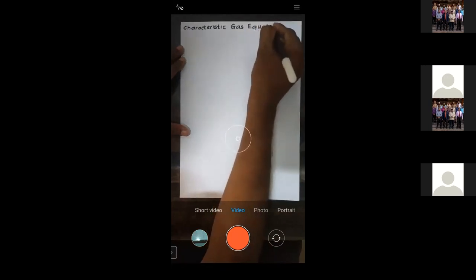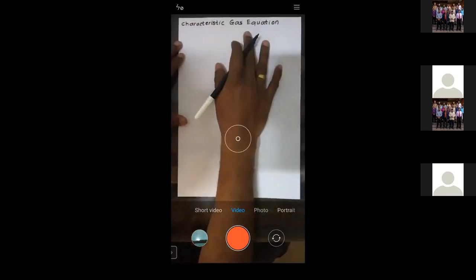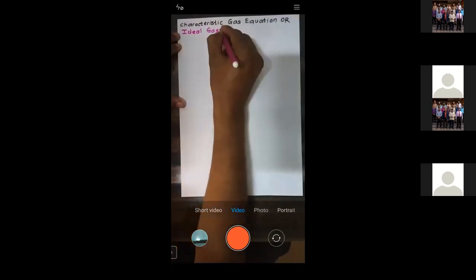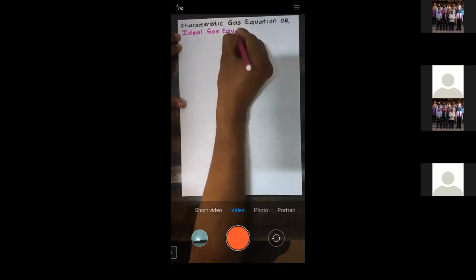This is called the characteristic gas equation, and it is also known as the ideal gas equation. It is one and the same.